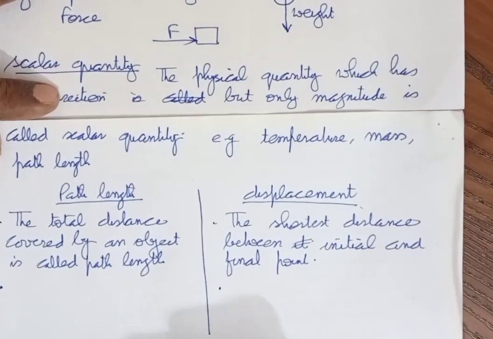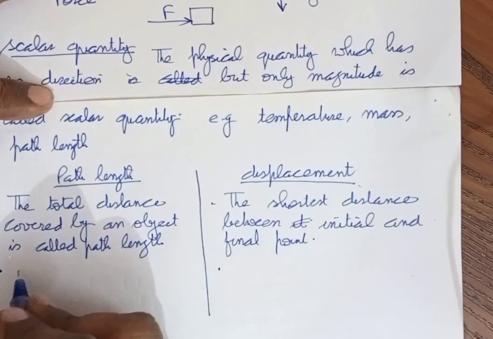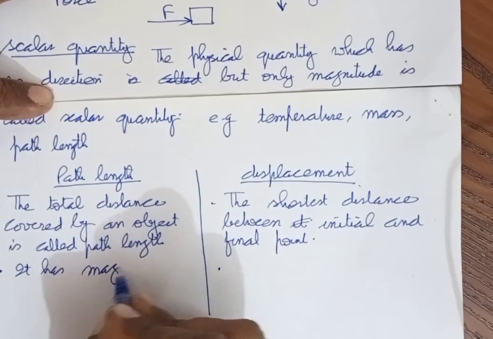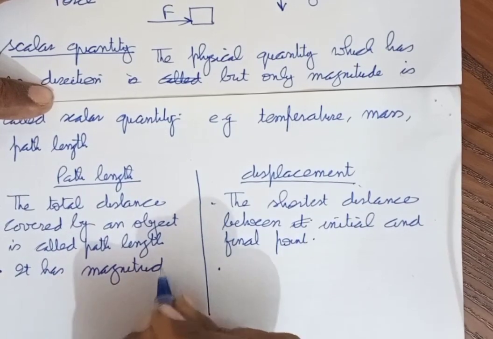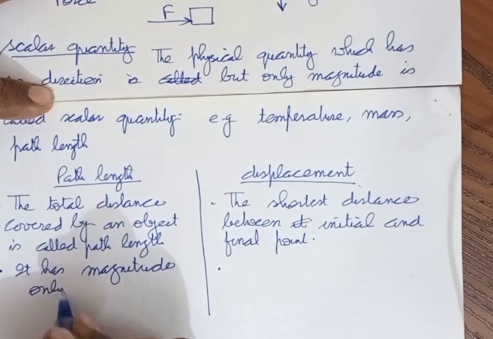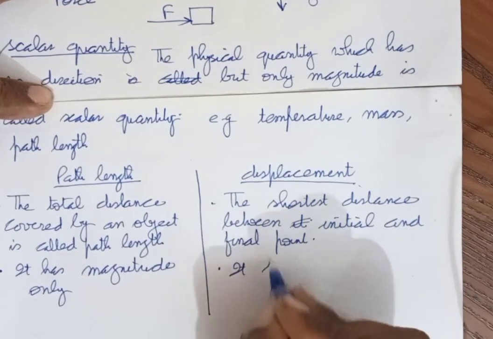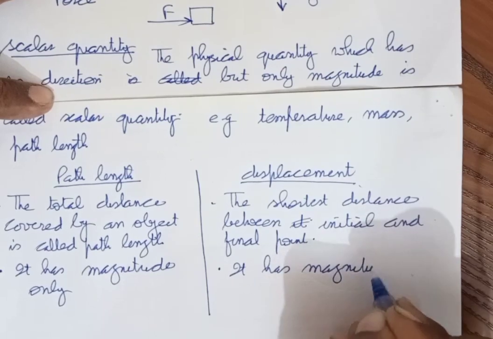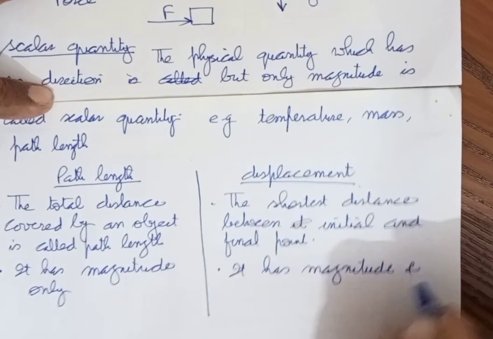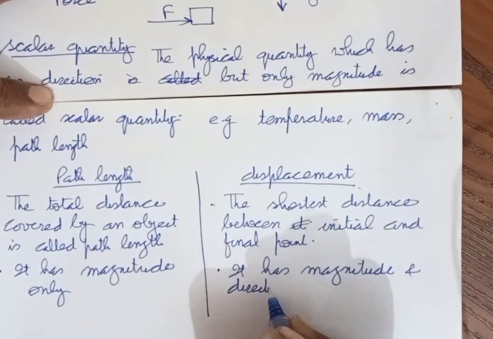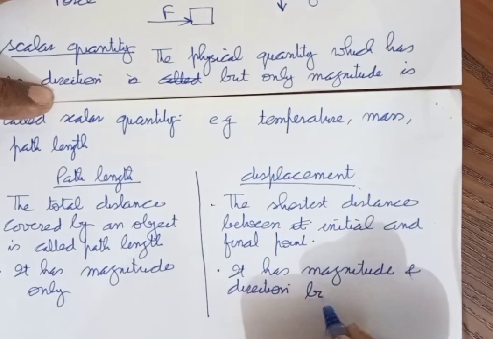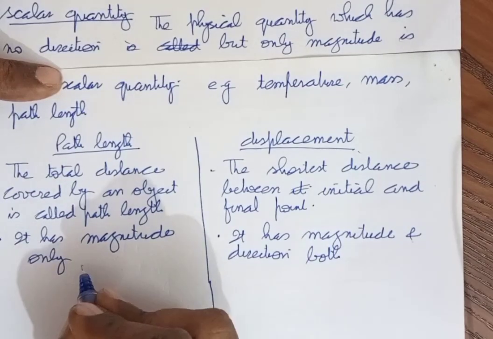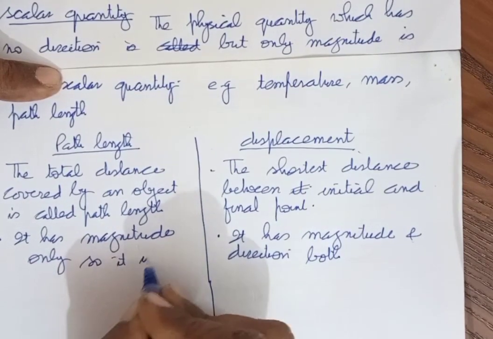Path length has magnitude only. Displacement has magnitude and direction both. Path length is a scalar quantity.